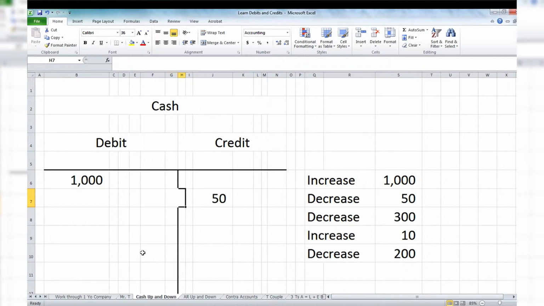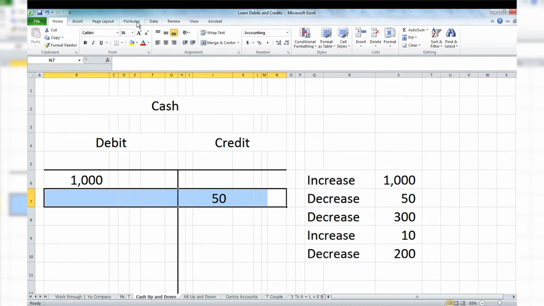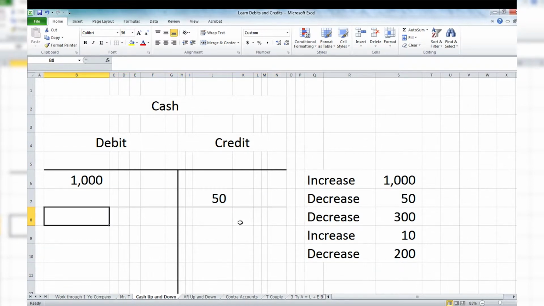Now, cash came in for 1,000 and cash came out for 50. So logically we know 1,000 minus 50 is 950. This is how this would be expressed in a T account. Don't worry about the Excel, but just the concept. The $950 would remain right there.